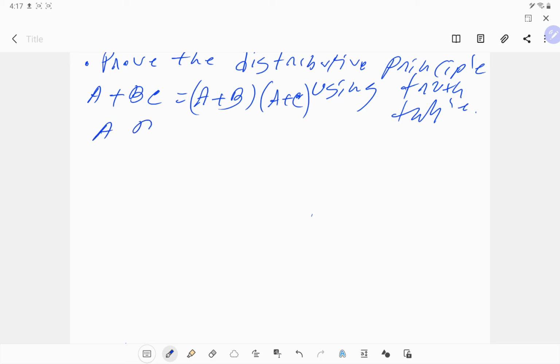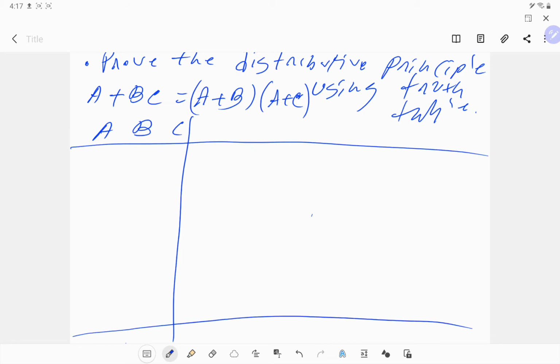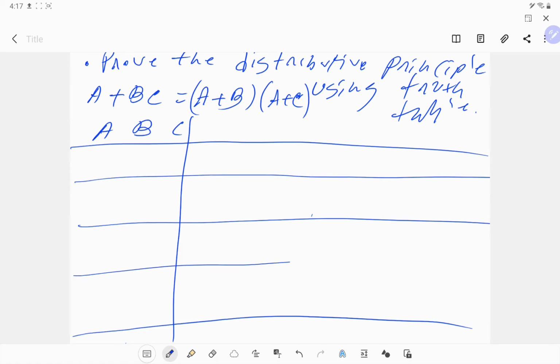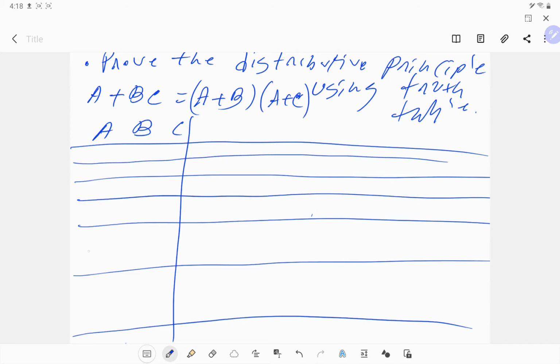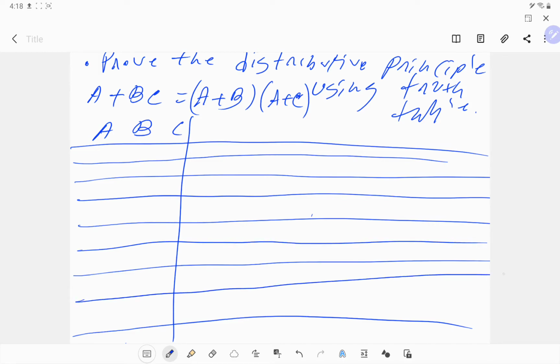Now we have 3 variables, so we should have 8 options: 0 0 0, 0 0 1, 0 1 0, 0 1 1, 1 0 0, 1 0 1, 1 1 0, 1 1 1.